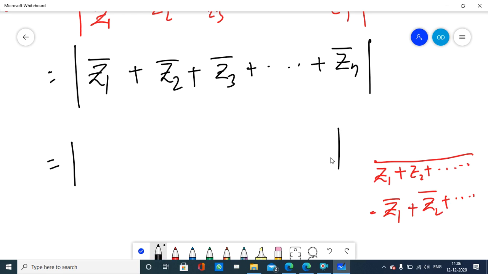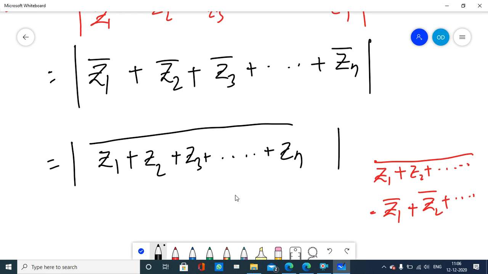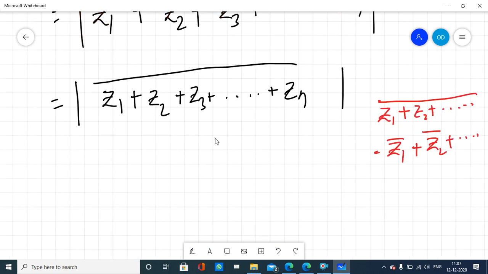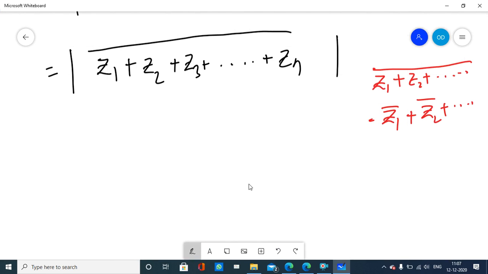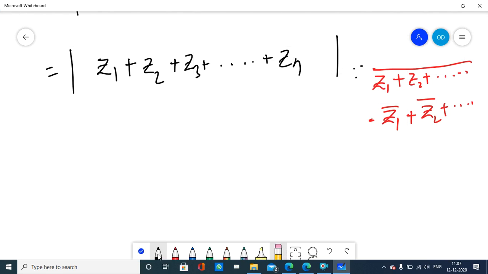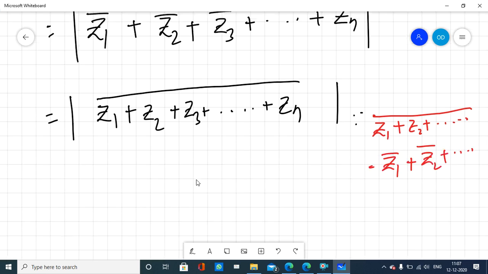So here also, Z1 conjugate plus Z2 conjugate plus Z3 conjugate plus dot dot dot plus Zn conjugate is the same as Z1 plus Z2 plus Z3 plus dot dot dot plus Zn whole conjugate, isn't it?